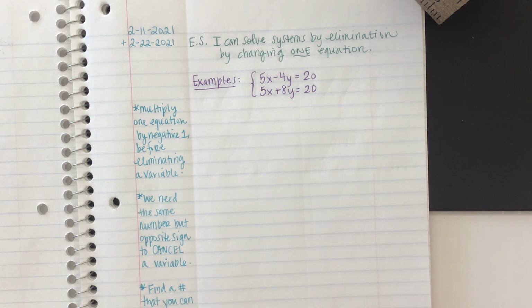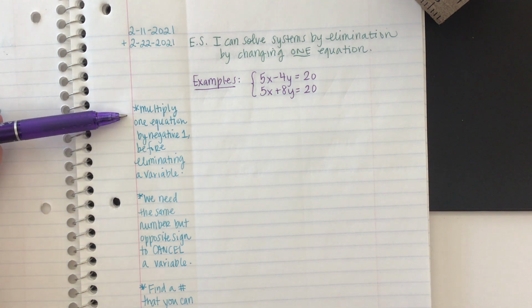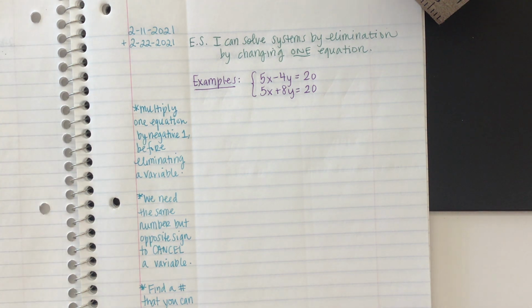Now I'm looking and I notice that in front of the x, I have the exact same number. I don't have the same number but opposite sign, and I need the same number but opposite sign in order to cancel.